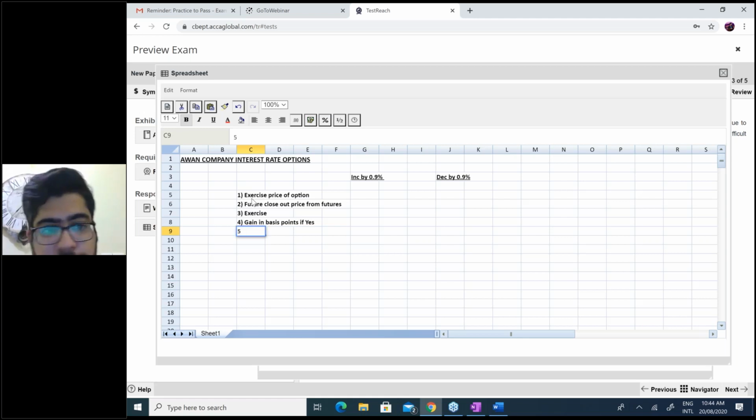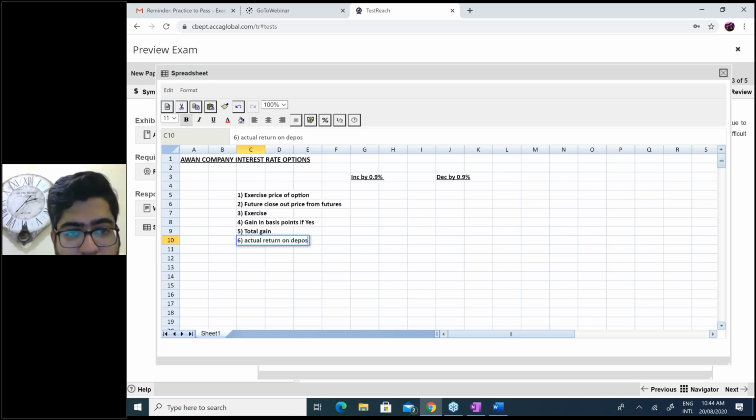In fifth step, you need to write total gain. I've provided you the formula, don't worry for that. Then actual cost of borrowing or return on deposit. In that case, this was a deposit case, so actual return on deposit.